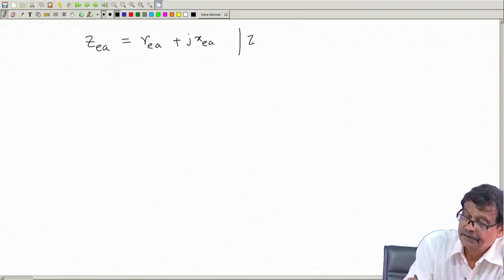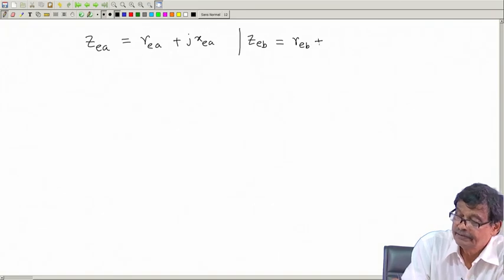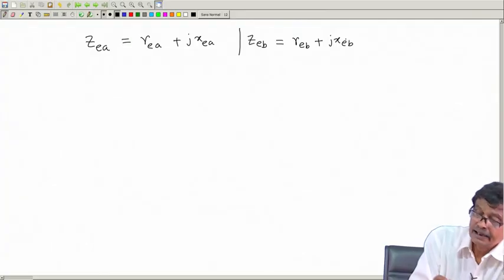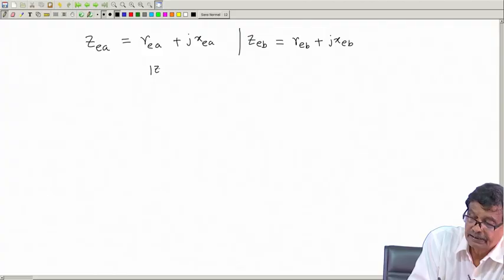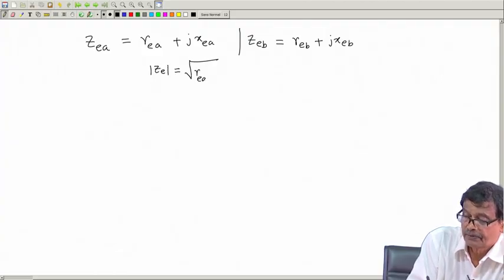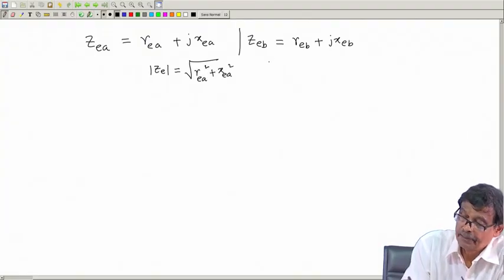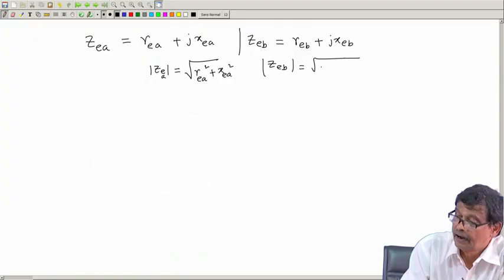Similarly, ZeB is equal to ReB plus jXeB, and the magnitude of ZeA is equal to root over ReA square plus XeA square, and the magnitude of ZeB is equal to root over ReB square plus XeB square.